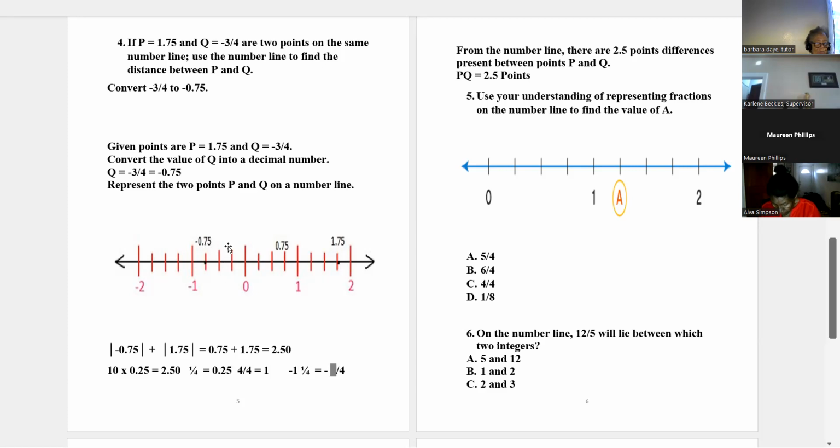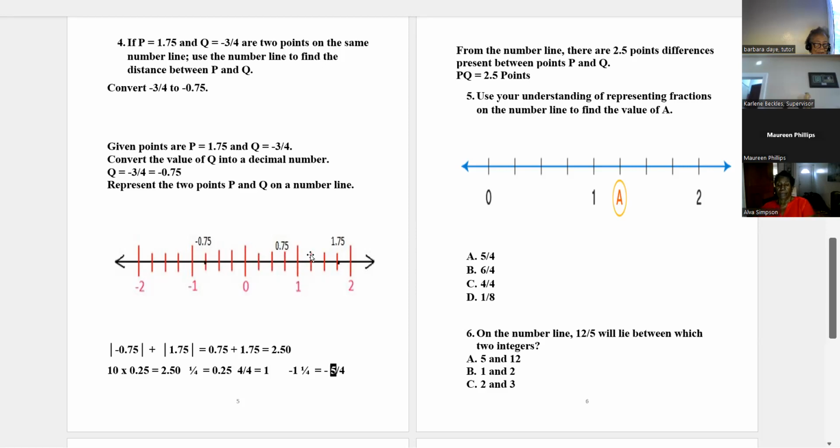So this would be what, Maureen? Right here, the hash mark. 1/4, this one 2/4, 3/4, and this is 4/4, which is 1. And whether you go right or left, over here, this is 1/4, 2/4, 3/4, 4/4.